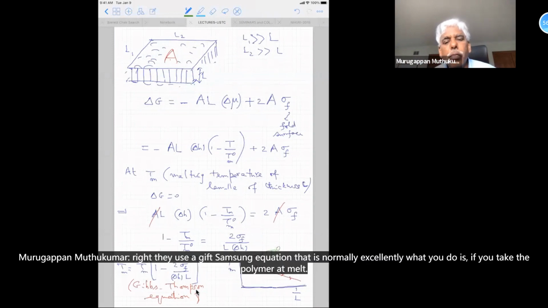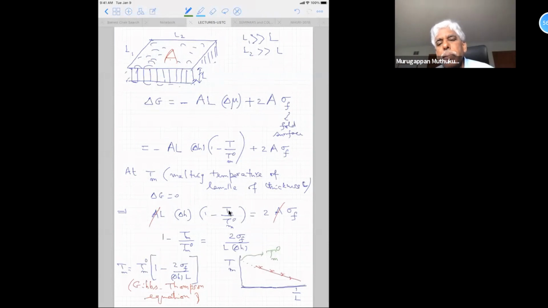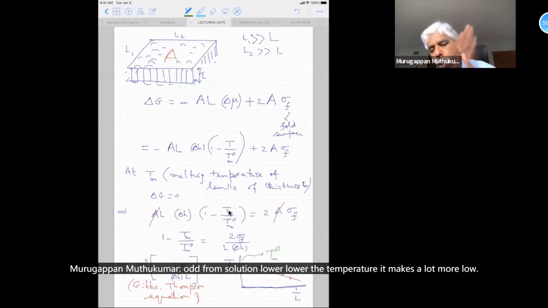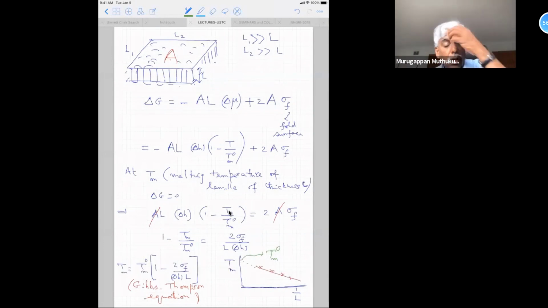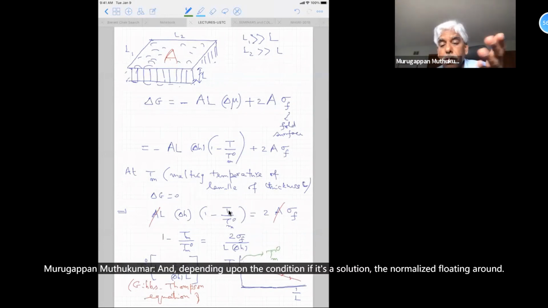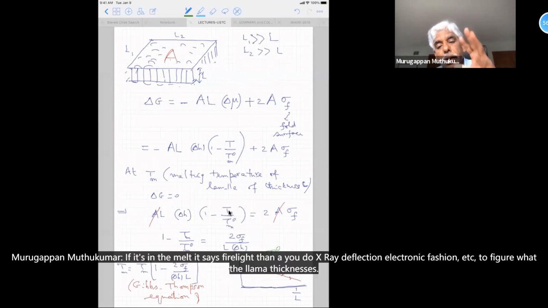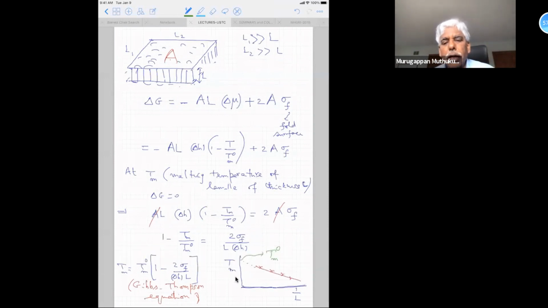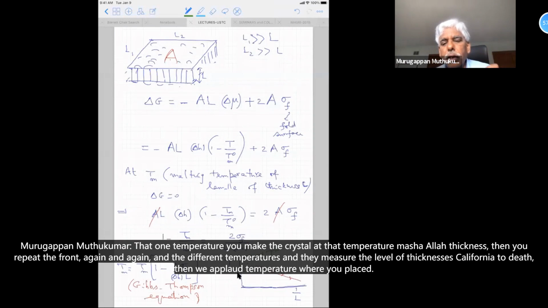Normally, experimentally, what you do is you take your polymer from the melt or from solution, lower the temperature, and it makes a lamella. Depending upon the conditions, if it's a solution, the lamella is floating around. If it's in a melt, it's a spherulite. And you do X-ray diffraction, electron diffraction, etc., to figure out what the lamella thickness is. So at one temperature, you make the crystal. At that temperature, you measure the lamella thickness.